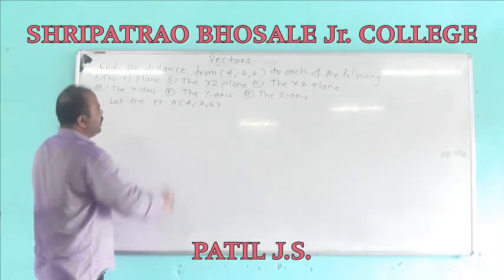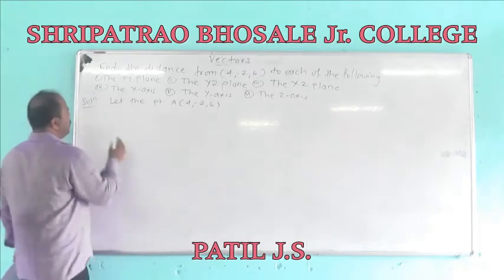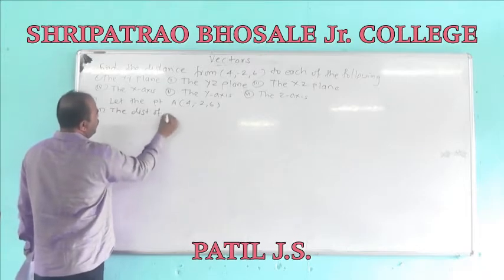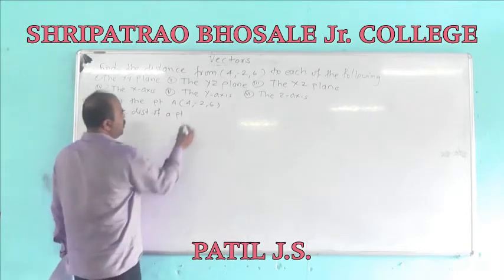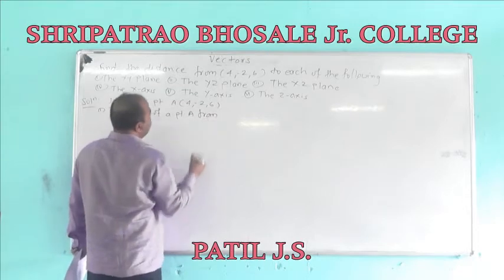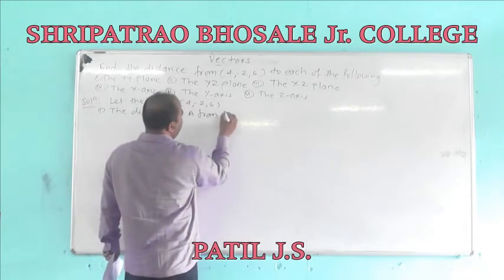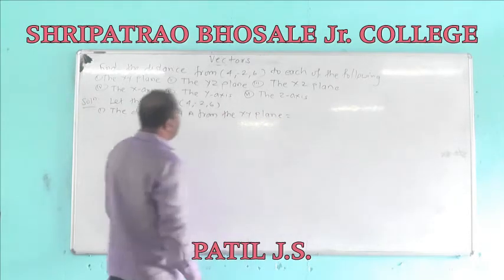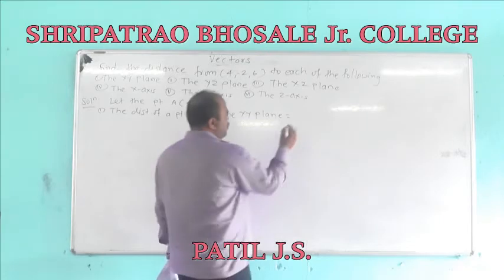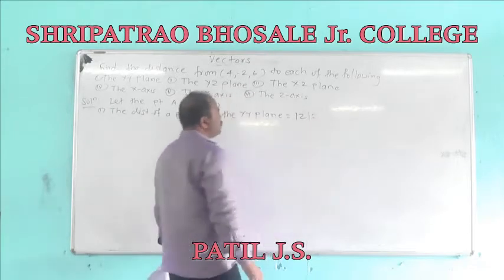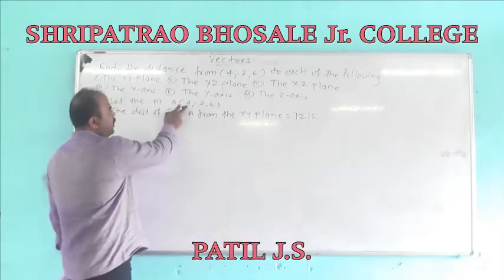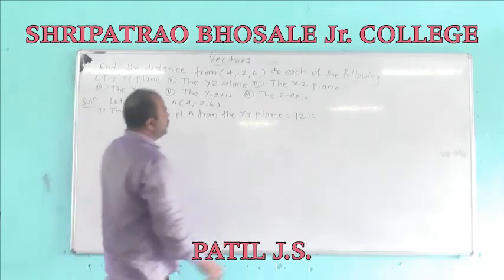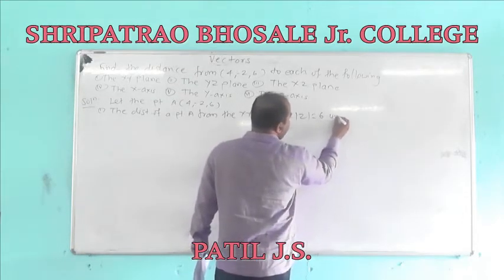Let this be point A. First, the distance of point A from the xy plane is equal to the distance of mod z. Mod z means, this is the x coordinate, y coordinate, z coordinate. If it is x, y, z, then this is equal to 6 units.